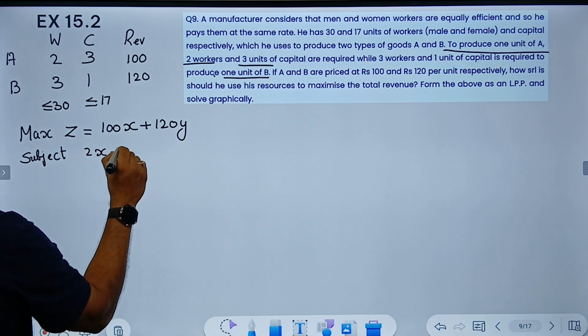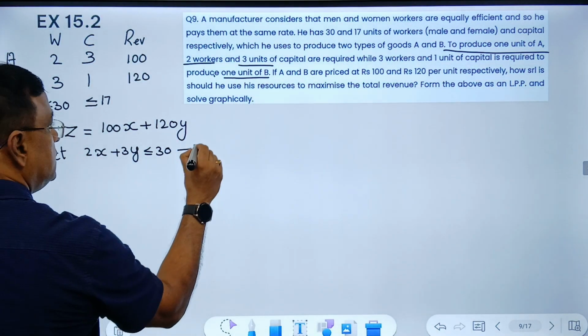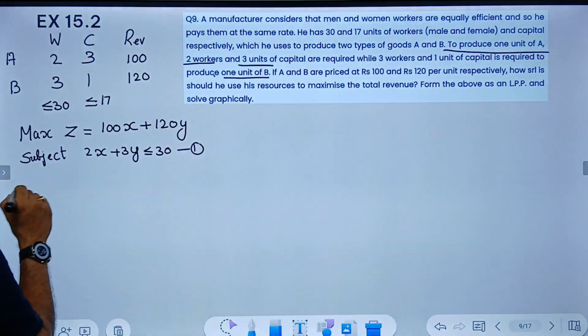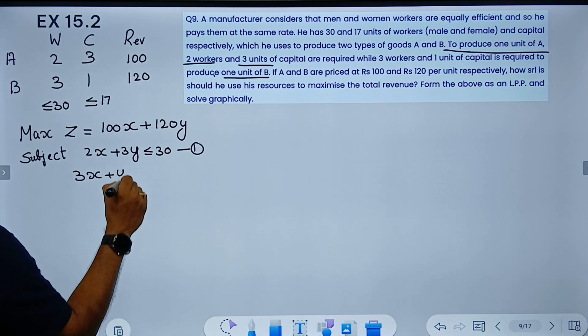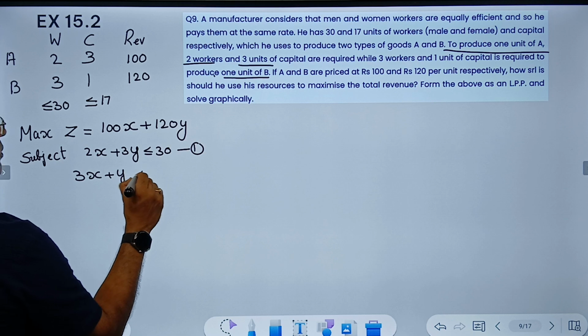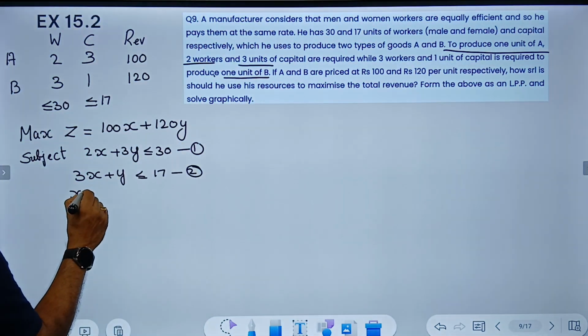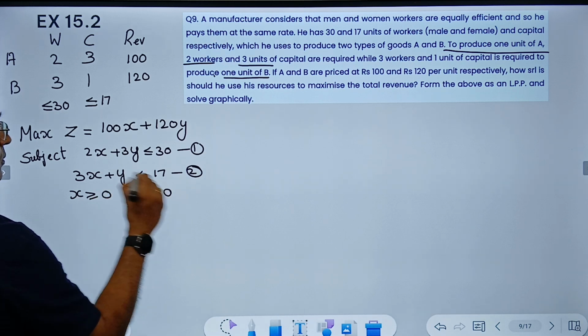2x plus 3y is less than or equal to 30, first constraint. And what's the other constraint? 3x plus y is less than or equal to 17, second constraint. X is greater than or equal to 0, y is greater than or equal to 0.